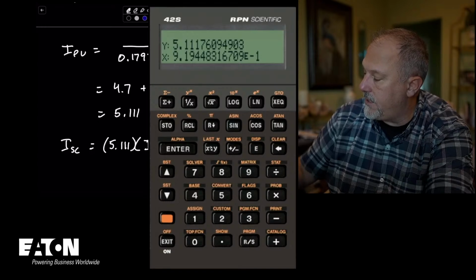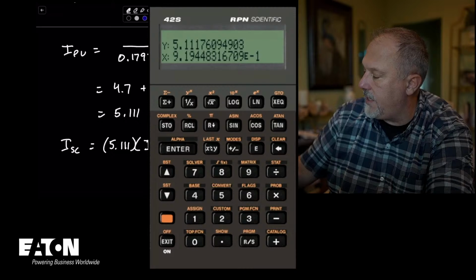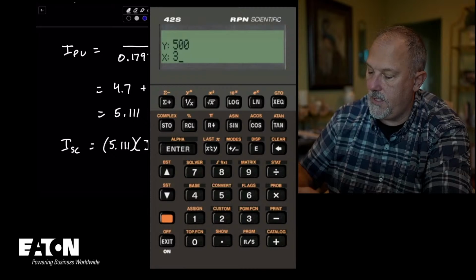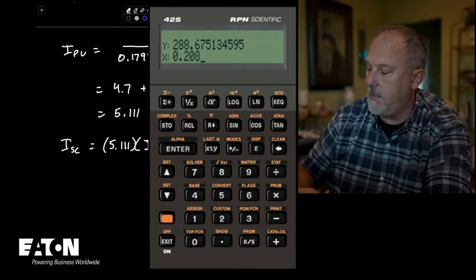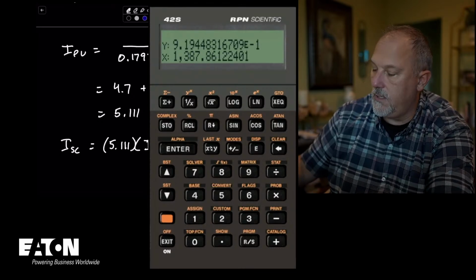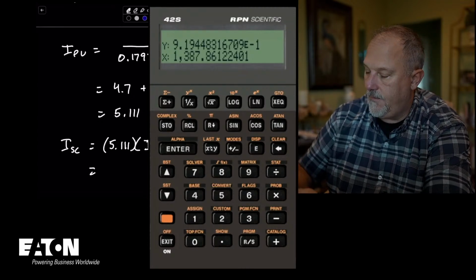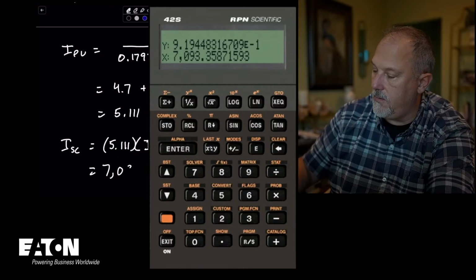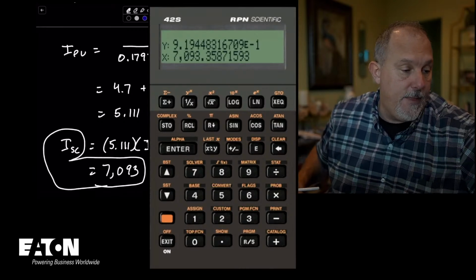And I base is equal to 500 divided by the square root of 3 divided by 0.208. That's 1,387.86. 5.111 times that is 7,093. And I do not like that number.